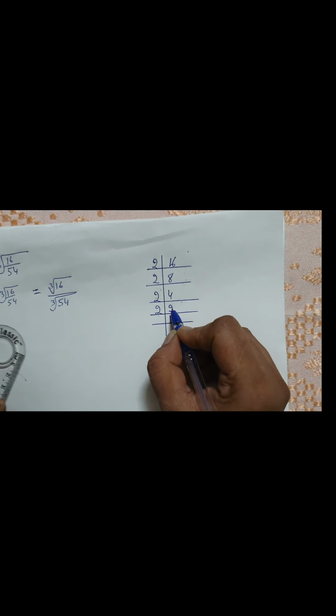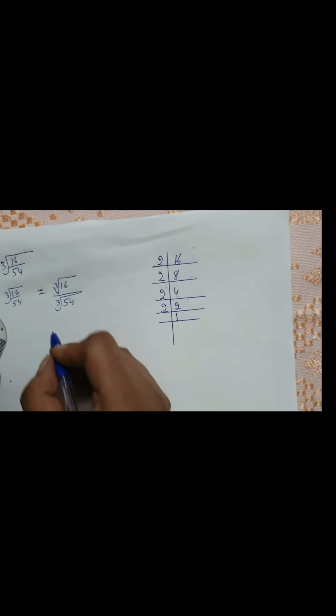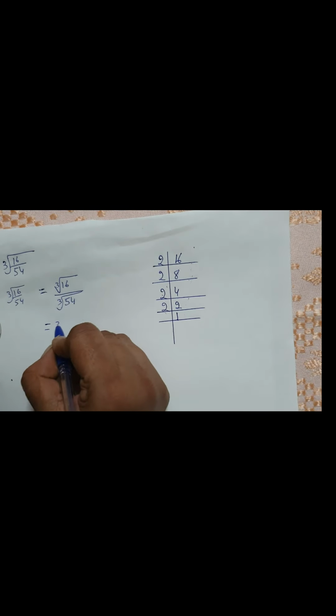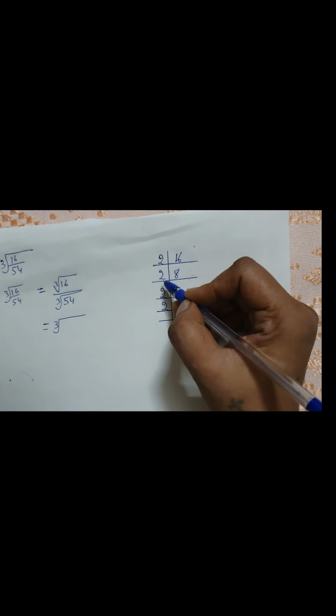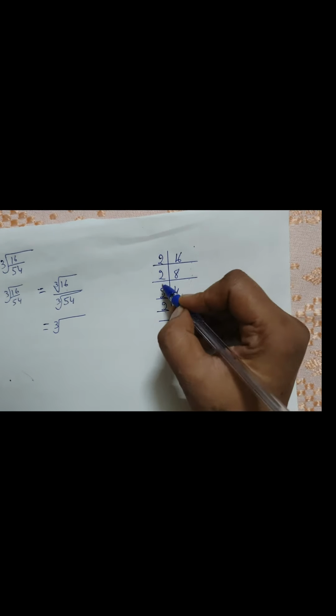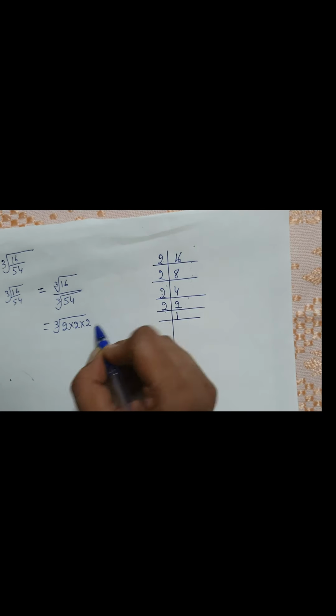So the cube root of 16: what we got? 2 2 2 2. How many times? 1 2 3 4. 2 multiplied by 2 multiplied by 2 multiplied by 2.